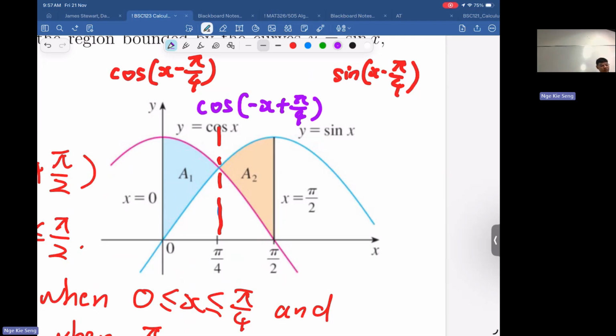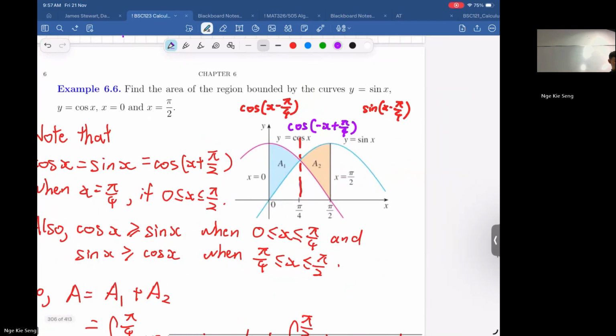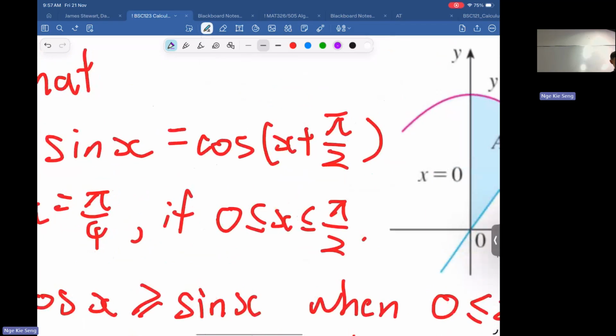Obviously, we don't want to express it as a cos again. So is it possible to relate to sine here? Just now we have this identity, right? Sine x equals cos of x plus π/2.